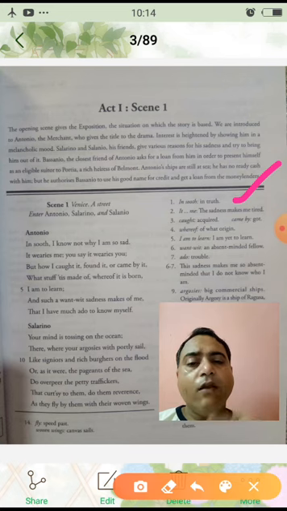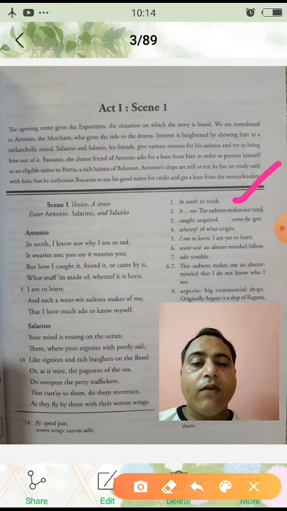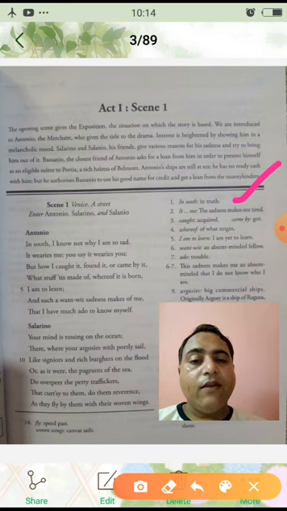Then, "But how I caught it, found it, or came by it, what stuff 'tis made of, whereof it is born, I am to learn." Now what Antonio says to his friend: how I caught it. Caught means acquired, given at the side, point number 3. That is, how I acquired this sadness in me, and how I found it, or came by it, that is, how I got this sadness.